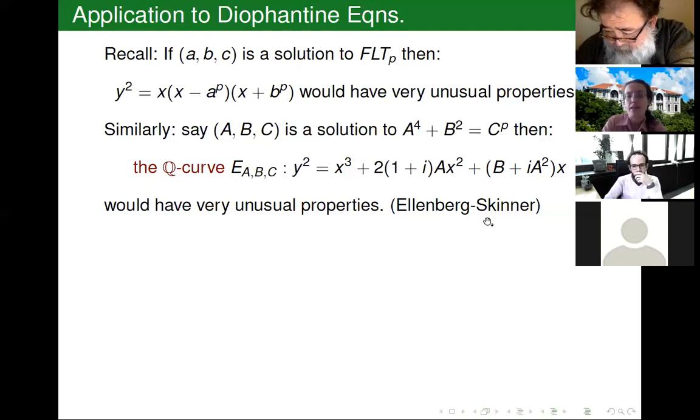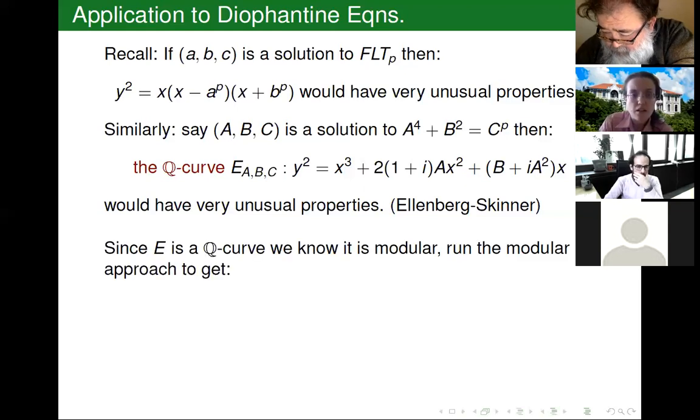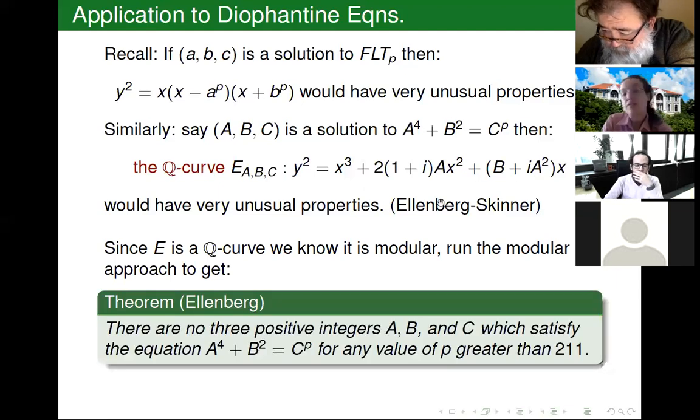And this Q-curve has unusual properties, exactly like in the case of the classical Frey curve. This is a result by Ellenberg and Skinner. I'm not gonna say what kind of unusual properties. It's not necessary for us right now, and it's a bit technical. But we can run the modular approach for this equation, given this result of Ellenberg and Skinner, and obtain the following, that the corresponding Diophantine equation has no solutions for p greater than 211.